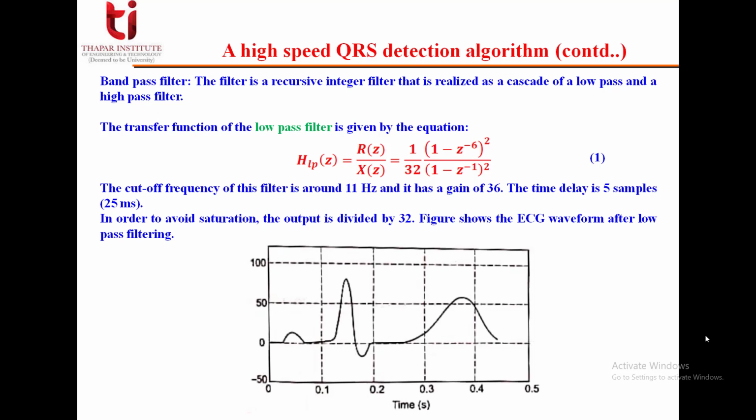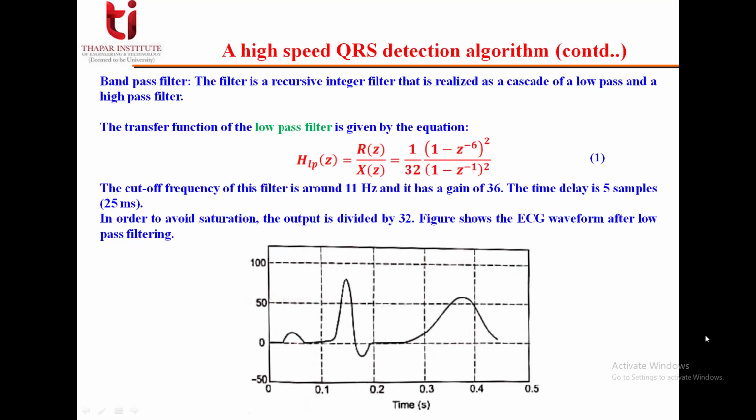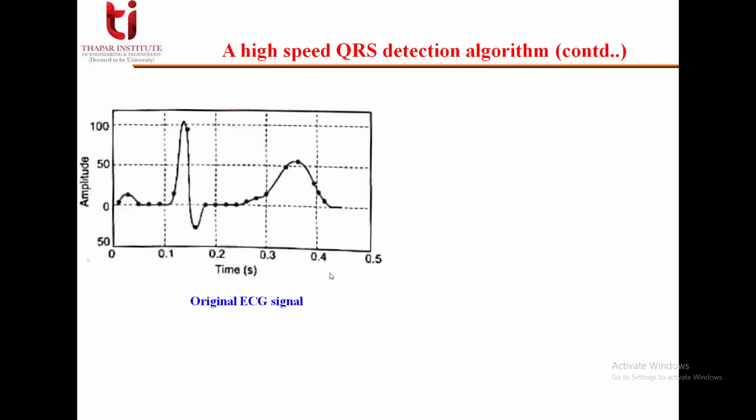The most noticeable feature of the waveform when compared with the incoming signal is the reduction in amplitude of the QRS complex. As you can see, we have a little reduction in QRS amplitude. Further, any 50 Hz or 60 Hz power line frequency noise or muscle noise present would have been significantly attenuated as a consequence of this operation.